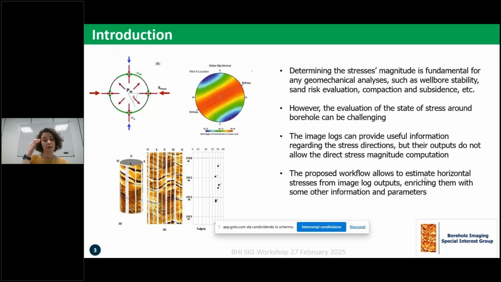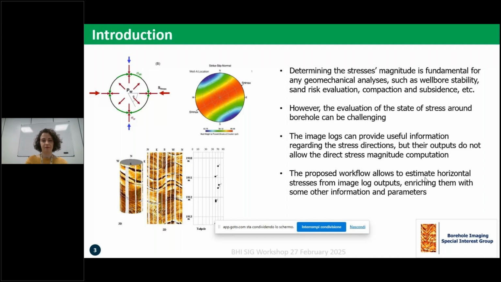Determining the stress magnitude can be fundamental for a wide range of analyses, also for safety and environmental issues, such as, for example, wellbore stability and some risks linked to the production, such as sand risk evaluation, and further issues linked to the reservoir scale, such as compaction and subsidence.